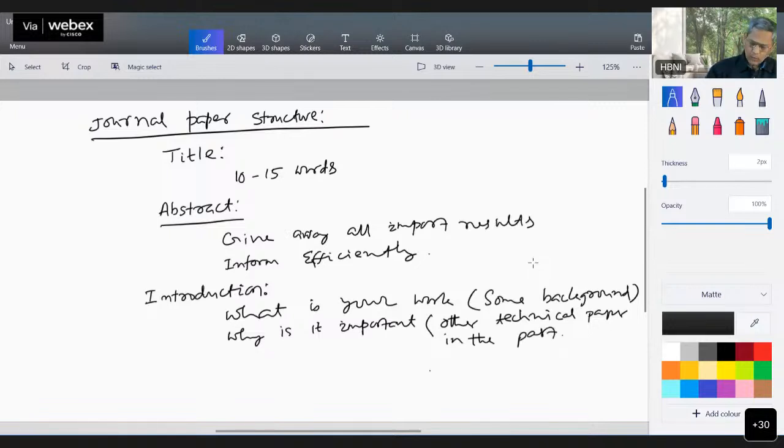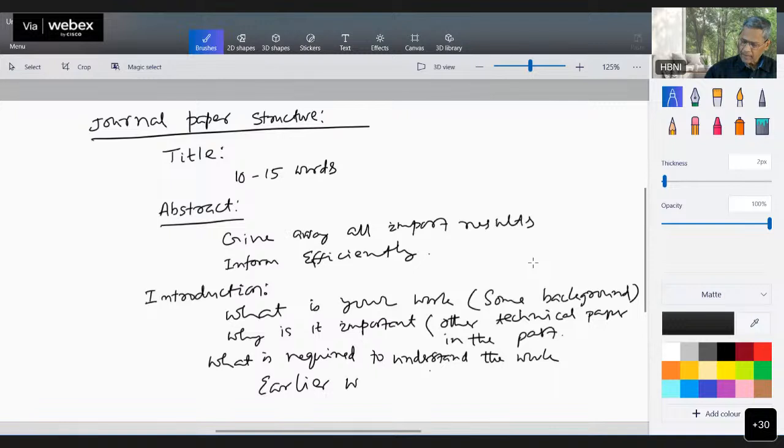Then what is required to understand the work, like earlier work and model used.